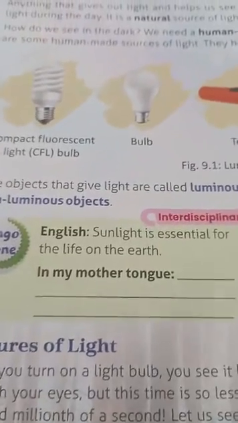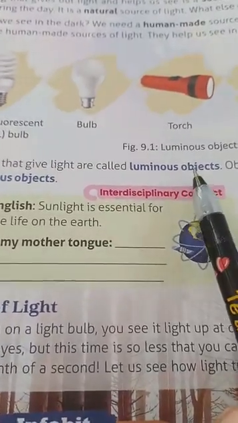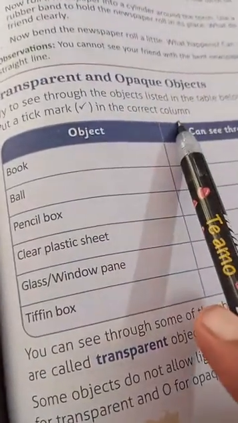Okay students, now the types of objects, sources of light. There are luminous objects, non-luminous objects, transparent objects and opaque objects.